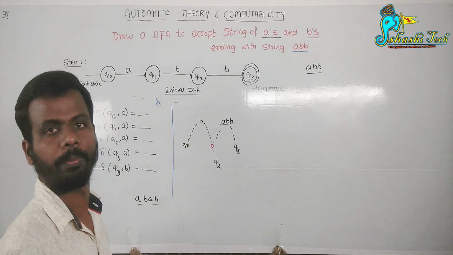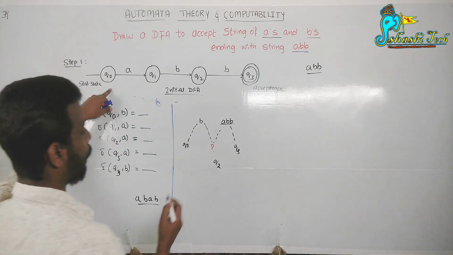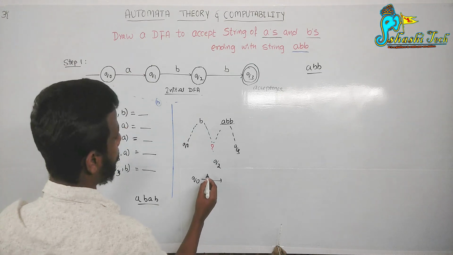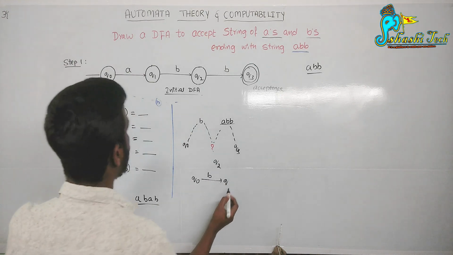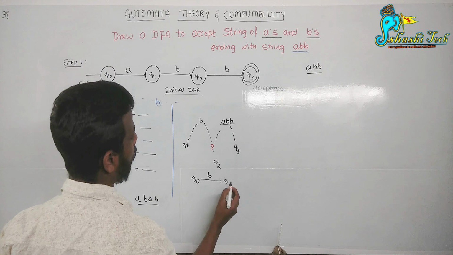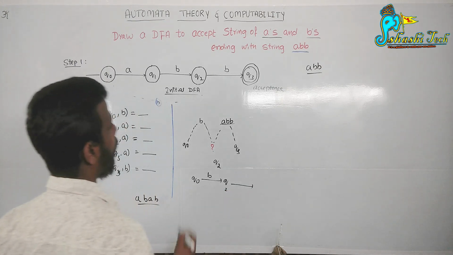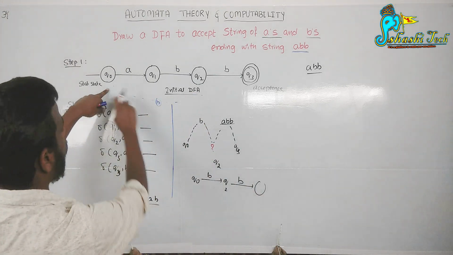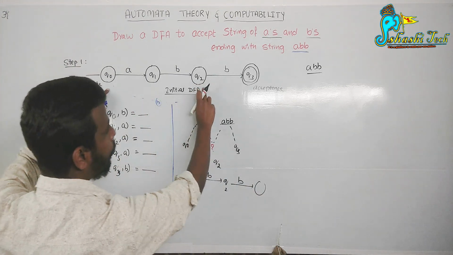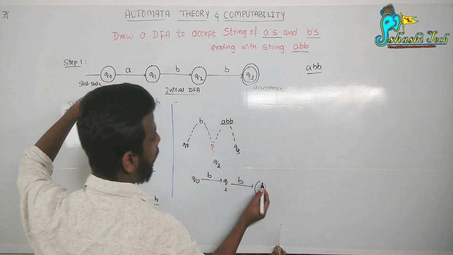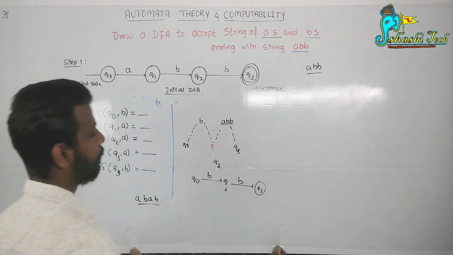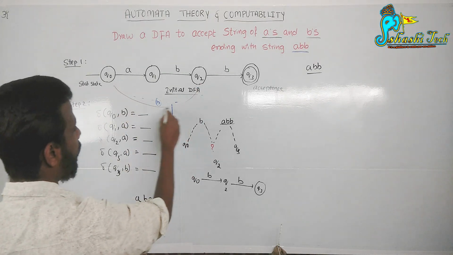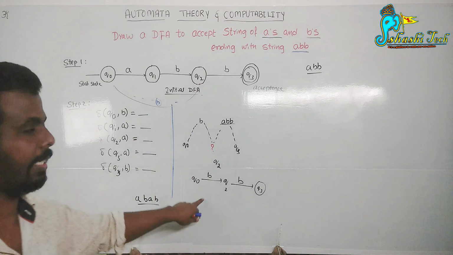I will say no, because if I write Q0 upon accepting B reaches the Q2 state, then Q2 upon accepting B reaches Q3. If I write the transition like this, is this correct?